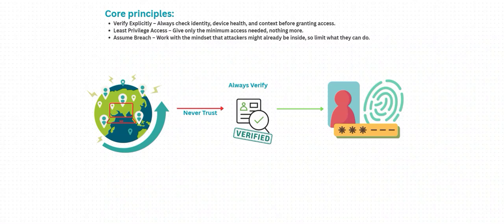After that, we explored why Zero Trust was introduced and how it solves the issue. And finally, we broke down the core principles of Zero Trust, which are verify explicitly, least privilege access, and assume breach, along with real world examples. So in short, Zero Trust is not just a buzzword, it's a new foundation of cybersecurity in the modern, remote, and cloud-driven era.